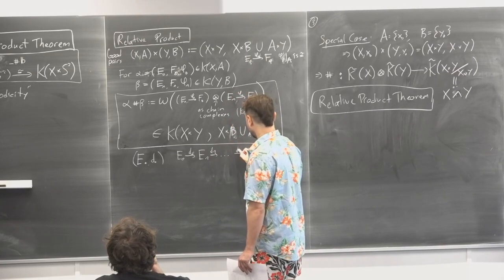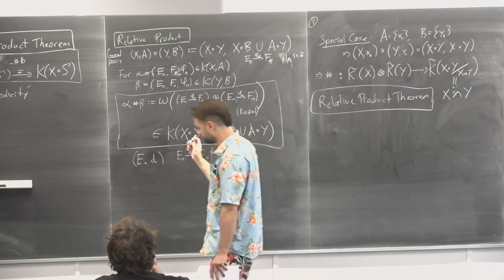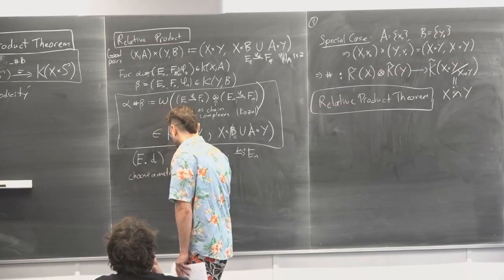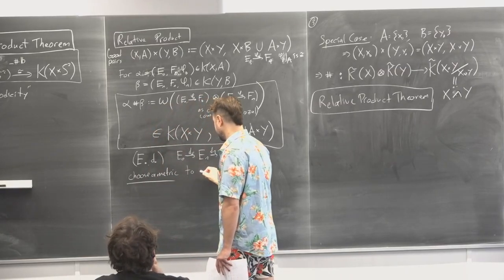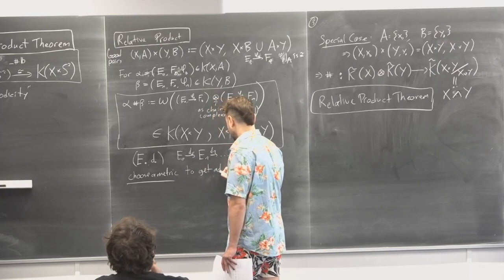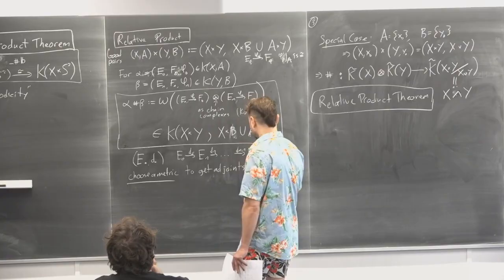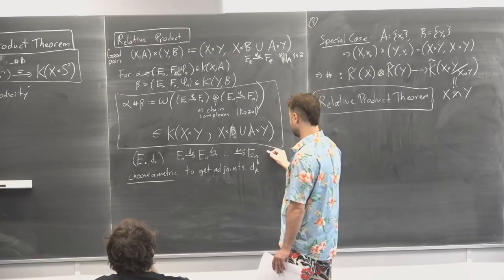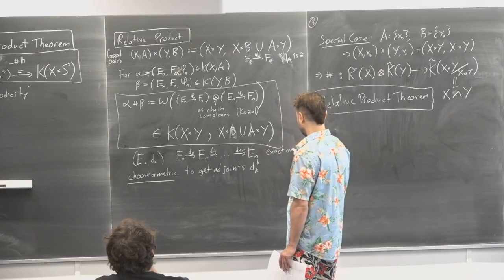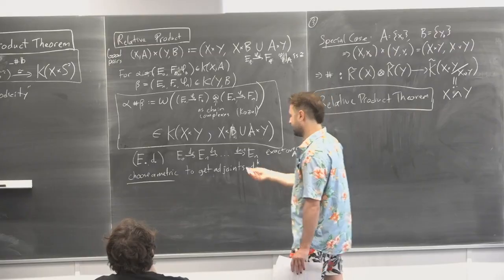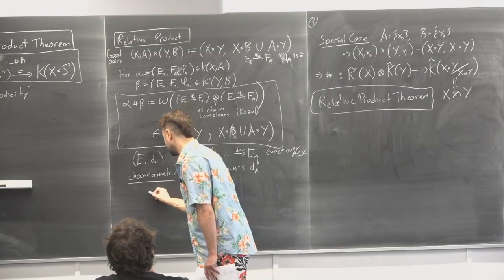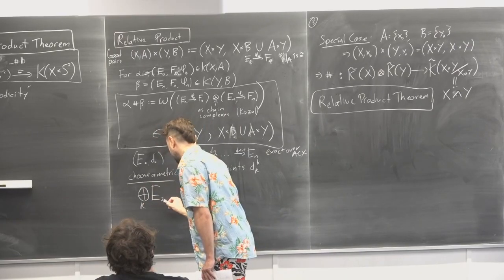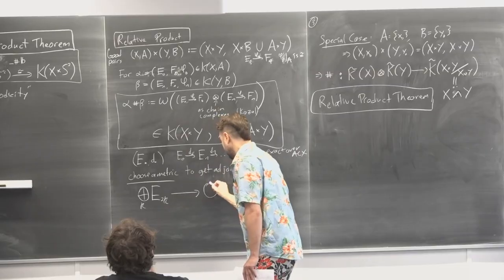It's probably worth bringing it up again because you have to point out that you actually have to choose a metric to get the adjoint of D. So each of these maps, we're going to get an adjoint D_k star. And so let's say this is exact over A, a subset of X. And then the wrap-up is you take all of the even elements, so 2k, mapping to all of the odd ones.